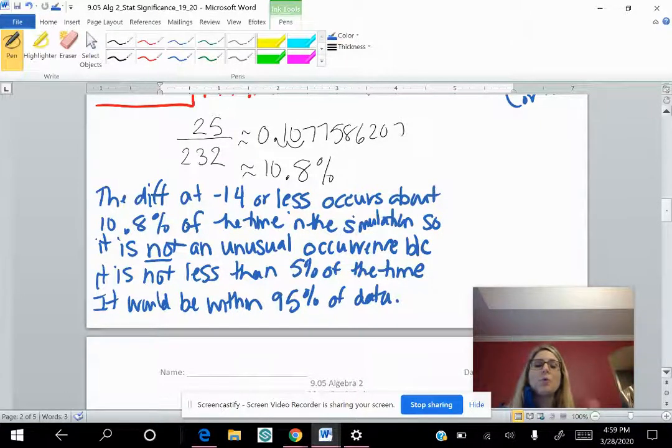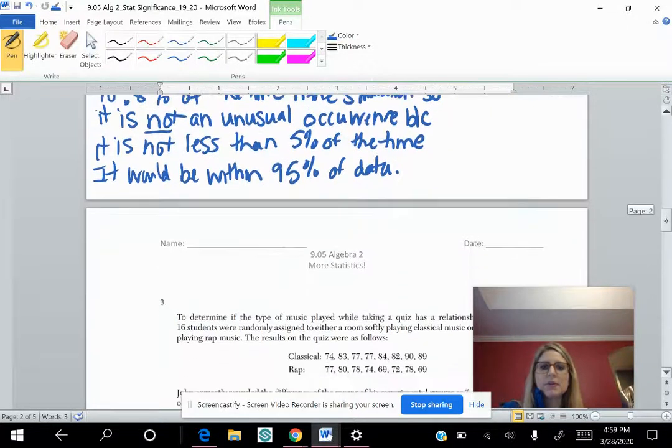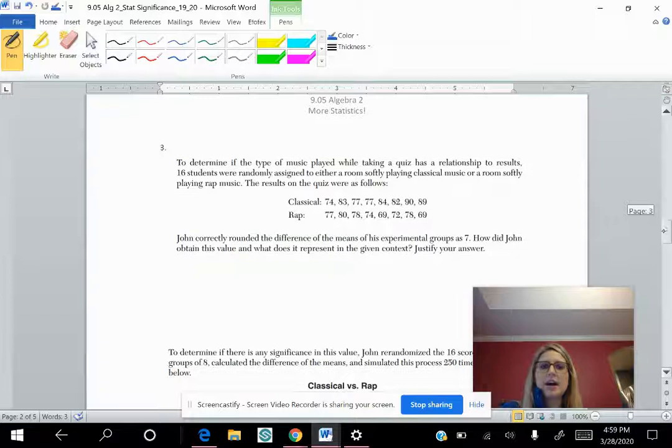Now we're looking at a different type of study, saying we want to see if this drink is improving their test scores, or is it just random that might happen? So they're different types of problems, but they're all based on that same idea of the 95%. And if it's unusual, then it's occurring less than 5% of the time. And again, these are all Regents questions. I don't know if I told you that yet for these.